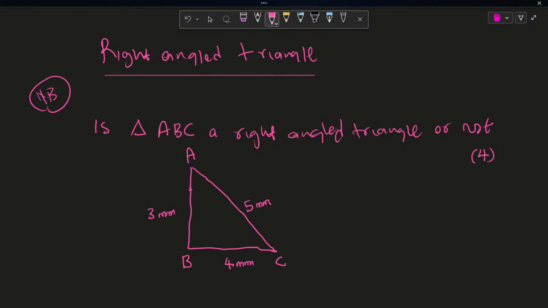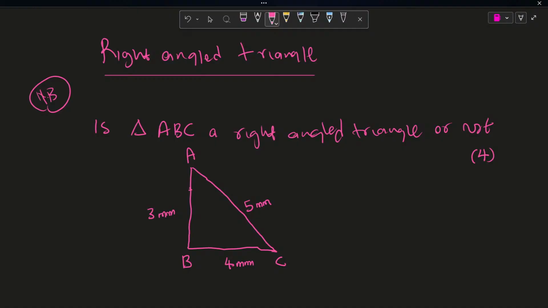Are you done? Oh, Matodzi, no. Matodzi said it has 90 degrees. That's not 90 there.